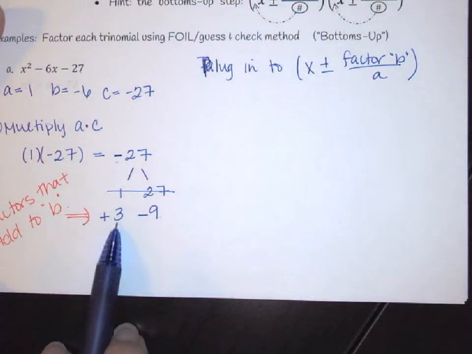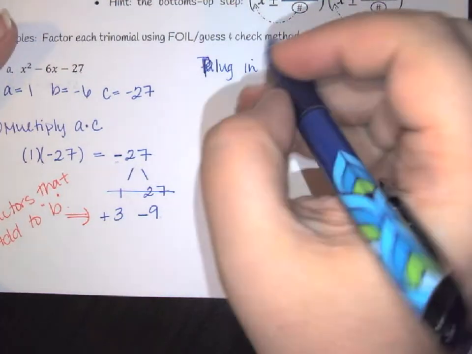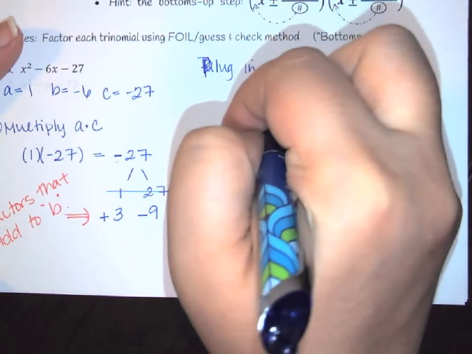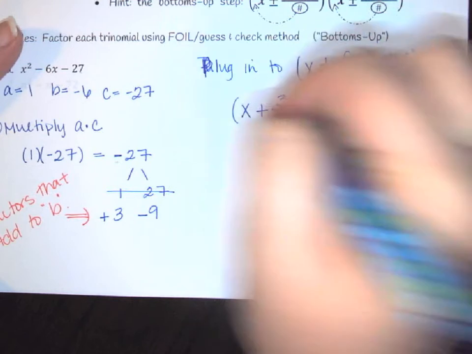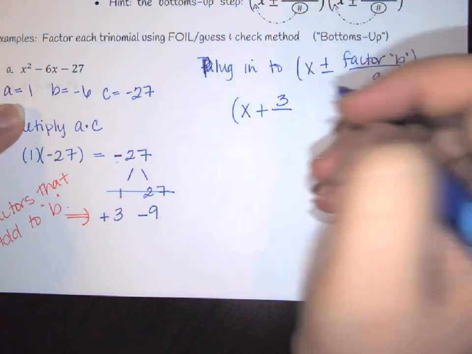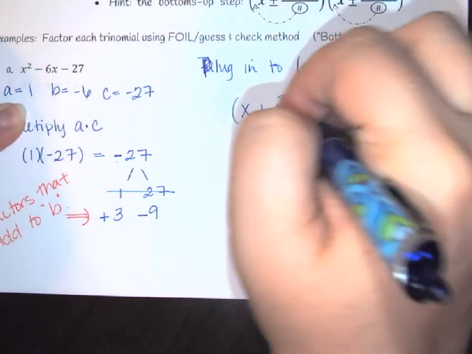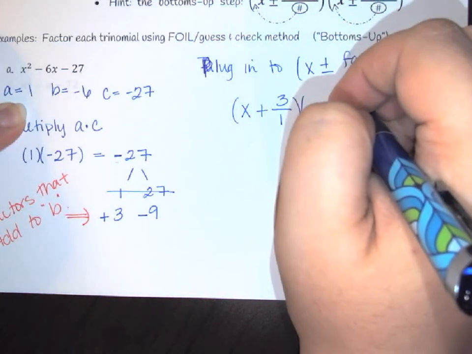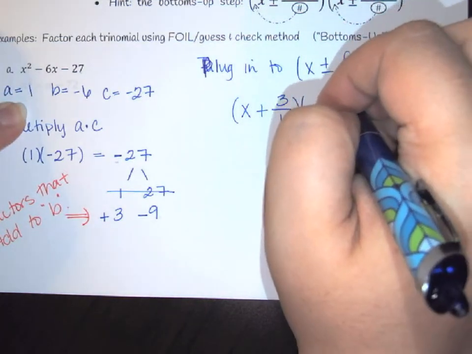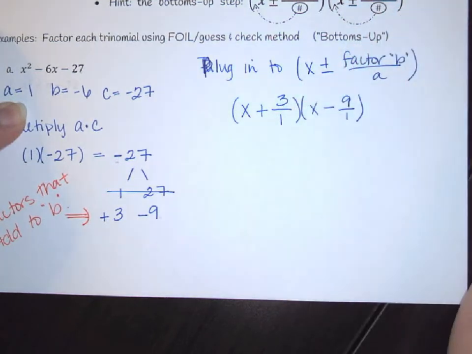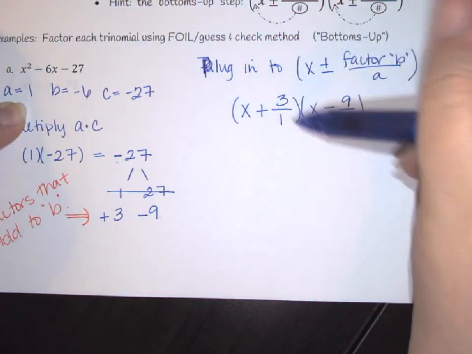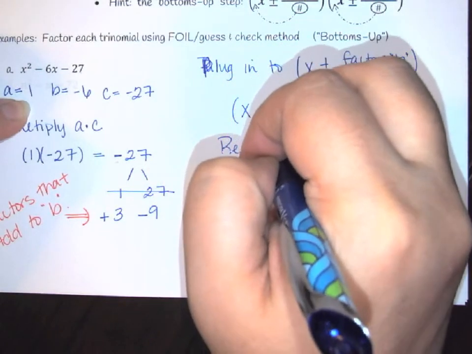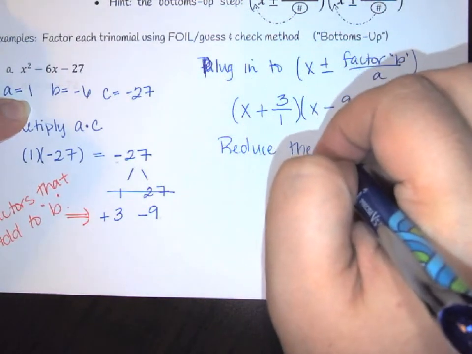So I have 3 and I have negative 9. It's going to look like x plus 3, and then remember my A term here was 1, so 3 over 1. And then I'm going to multiply that by x minus 9 over 1. The next thing I need to do is reduce the fraction.